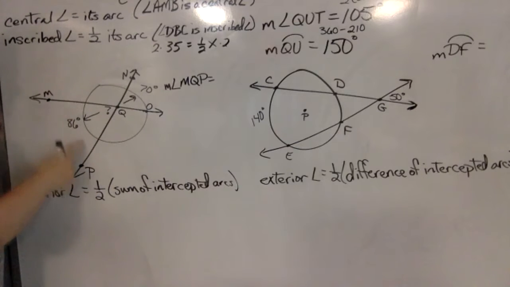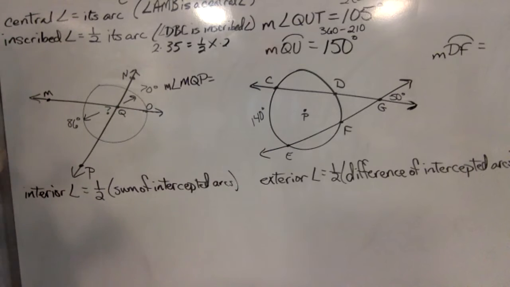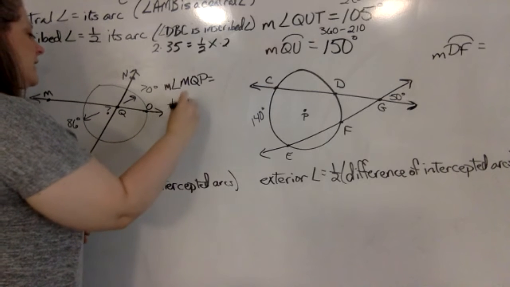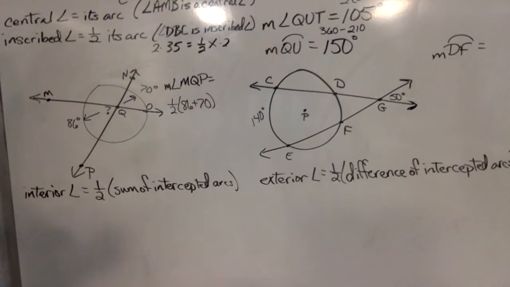It intercepts this arc, which was 86 degrees, and this arc, which was 70 degrees. So if it's an angle inside on the interior of the circle, its measure is equal to half the sum of the intercepted arcs. Sum means I add them together. So I'm going to have half of 86 plus 70. So I add 86 and 70 together.